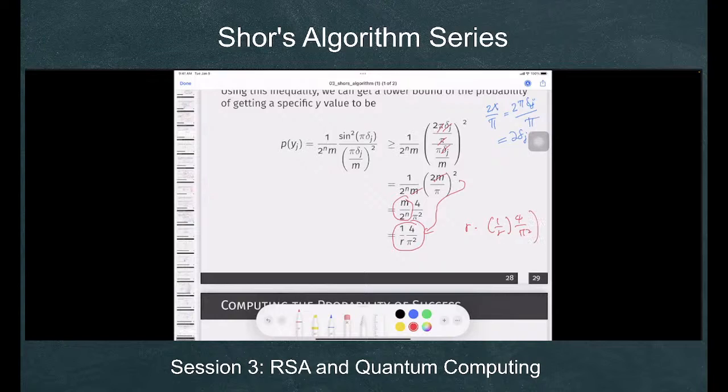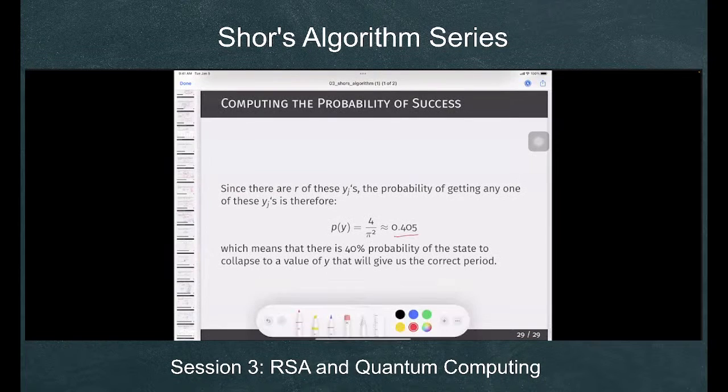So this is equal to 4 over pi squared, which is 0.405. By computing this, were we just wasting our time? No. Now we know that if you run Shor's algorithm, there's a probability of 0.405 that we are going to get the answer.